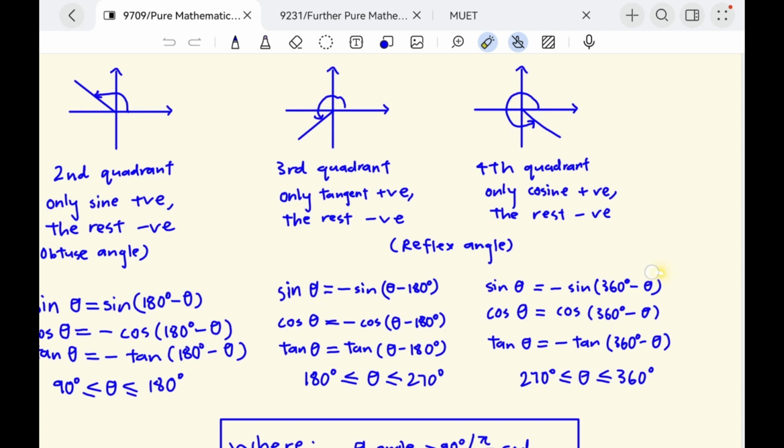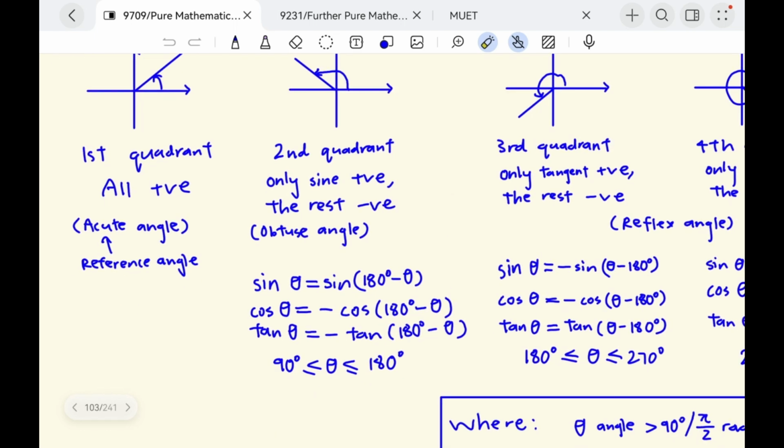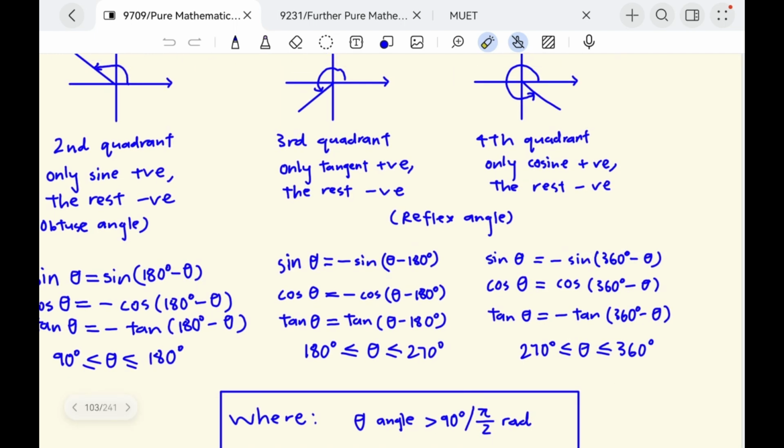So to get this theta, you need to convert using 360 degrees minus theta. For the third quadrant, to get the reference angle, use theta minus 180 degrees. For the second quadrant, you need to use 180 degrees minus the obtuse angle. Alright? As well as for the other functions.